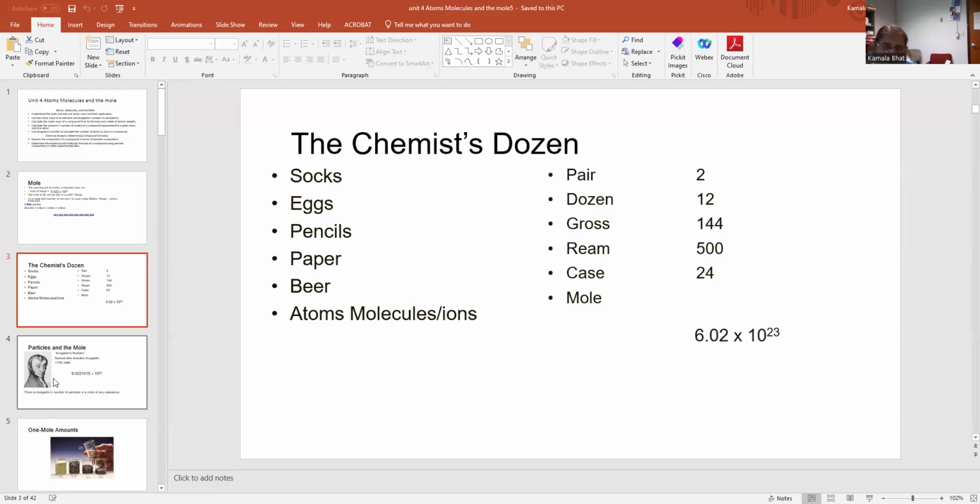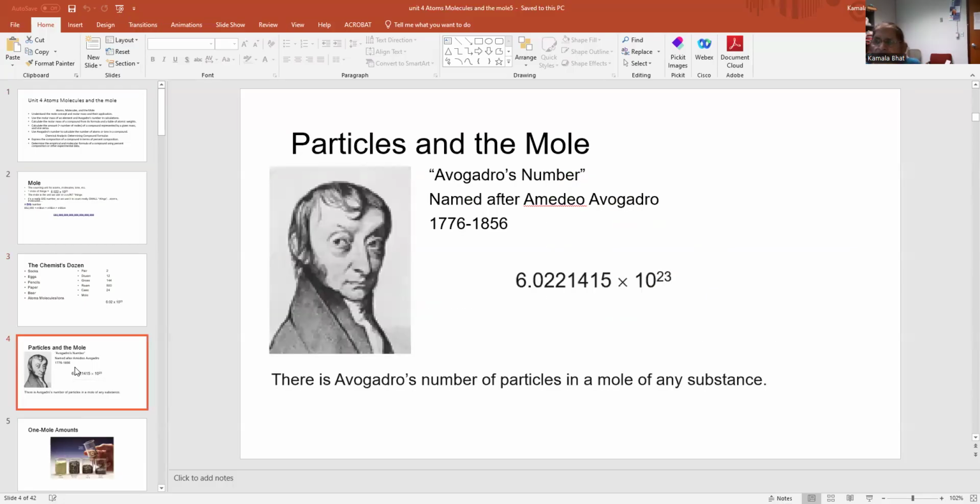This particular number, 6.022 times 10 raised to 23, is called the Avogadro number, named after Amedeo Avogadro. This honor has been given to Avogadro because of his great influence in determining so many physical constants during the study of chemistry, and especially the physical chemistry aspect of chemistry.